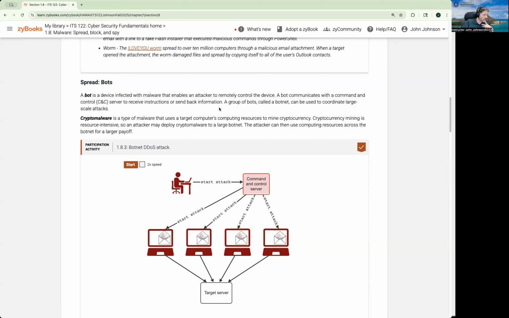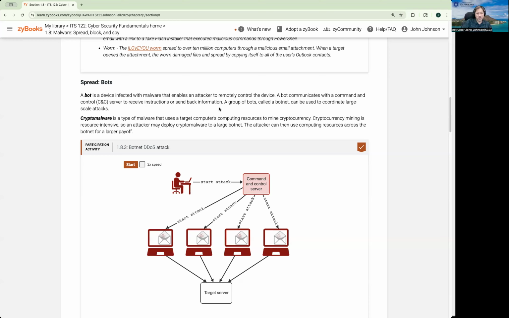There's one, I forget what it's called, the Low Orbit Ion Cannon or something like that, is a famous type of botnet that you can use, and you would aim that at your target. Essentially you could just bring it to its knees by doing a distributed denial of service attack. But this is how you do it through a botnet. So the botnet, many different computers, all infected, waiting to hear from their command and control server that's going to tell them, "Hey, attack this system."